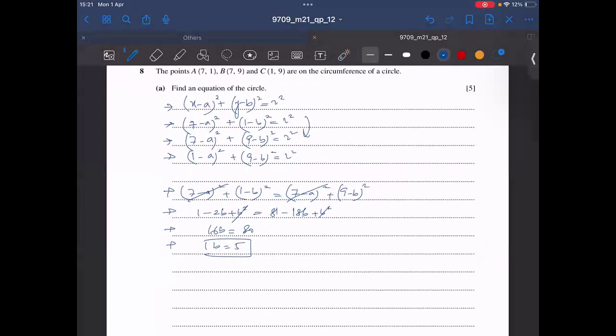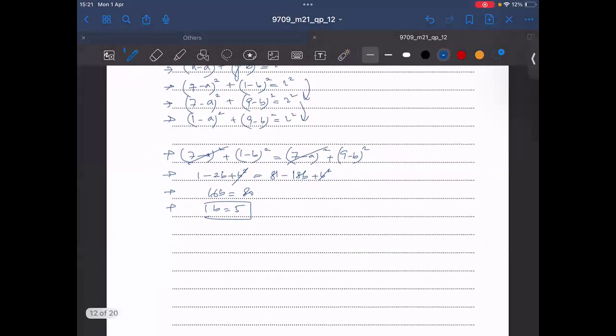Now let me substitute these two equations. So I'm going to have 7 minus a whole square plus 9 minus b whole square equals 1 minus a whole square plus 9 minus b whole square.